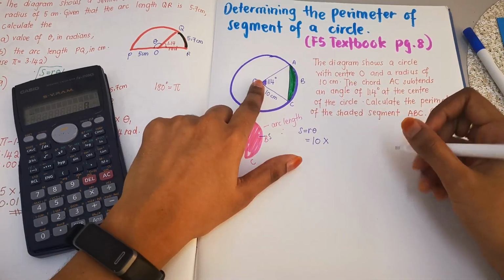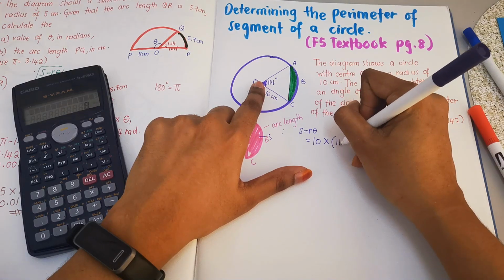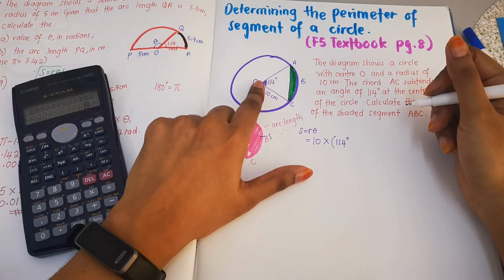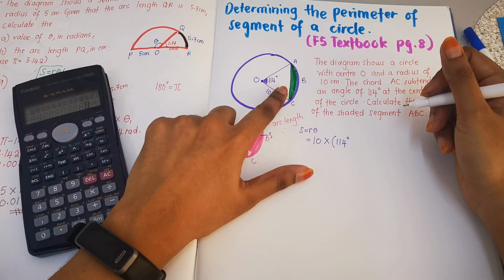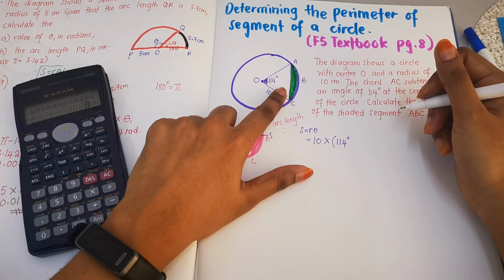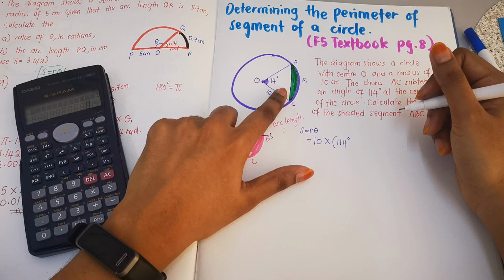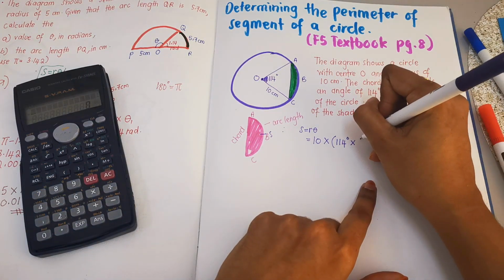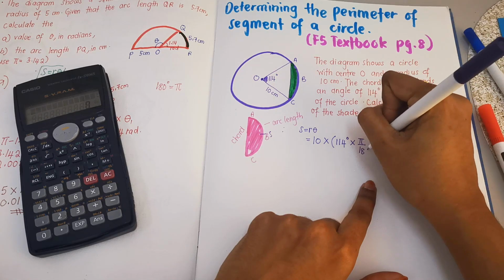In this case the theta is 114 degrees. So we need to change this to radian. Still remember how to change to radian? I need to times by pi over 180.